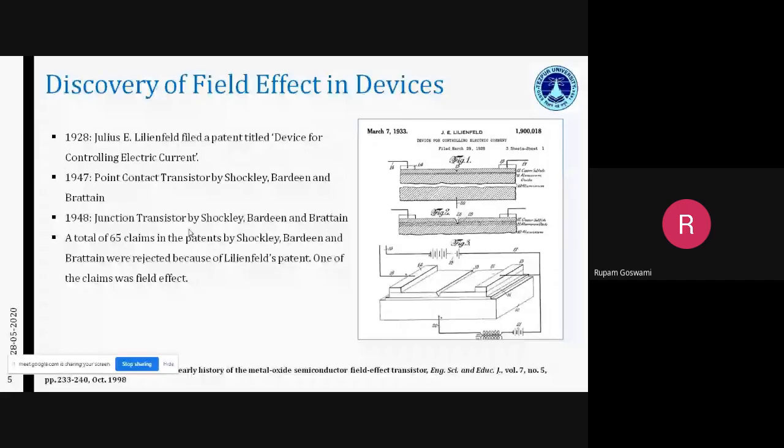What you see on the right-hand side of your screen is a snapshot of Lilienfeld's patent at the US Patent Office, probably. So it becomes very interesting when you try to understand the historical significance behind a device while going through the different concepts and topics. Okay, let's move to the next slide.